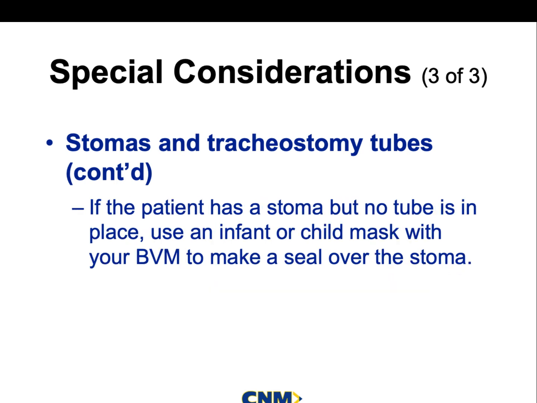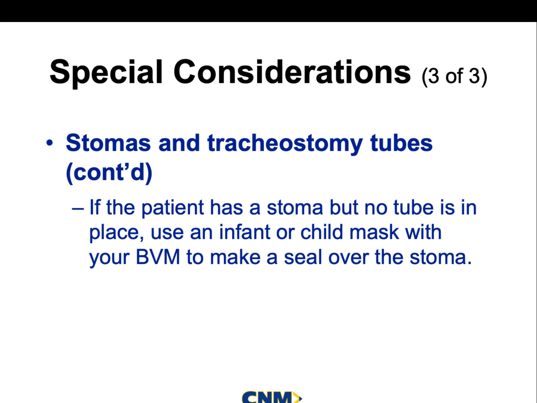Another little trick of the trade for you guys, if the patient does just have a stoma and they do not have the trach tube actually in place for you guys to connect the BVM directly to it, drop down your size that you would normally do for the mask of your BVM for your patient.